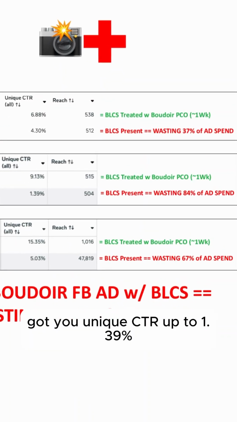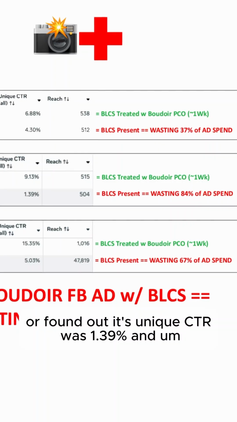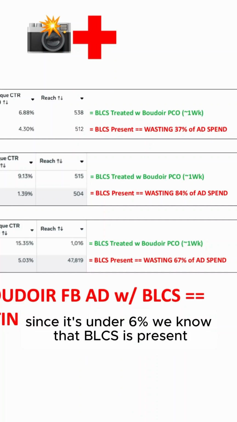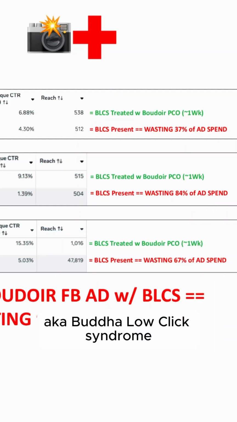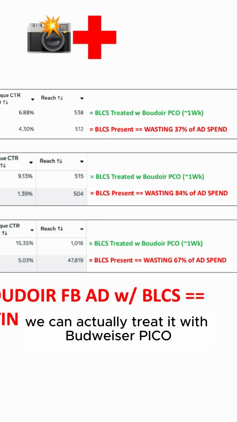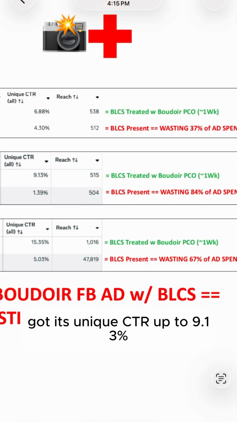We found out its unique CTR was 1.39%, and since it's under 6%, we know that BLCS is present, aka Boudoir low click syndrome, and as a result, we can actually treat it with Boudoir Pico. So that's what we did. Treated it with Boudoir Pico, got its unique CTR up to 9.13%.